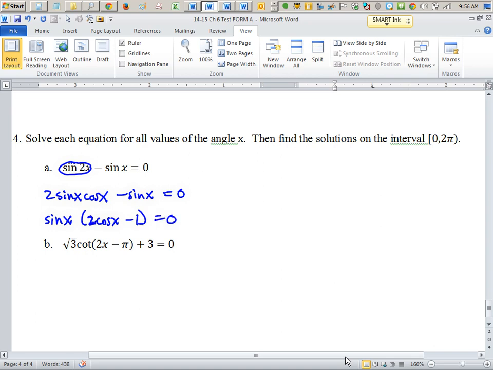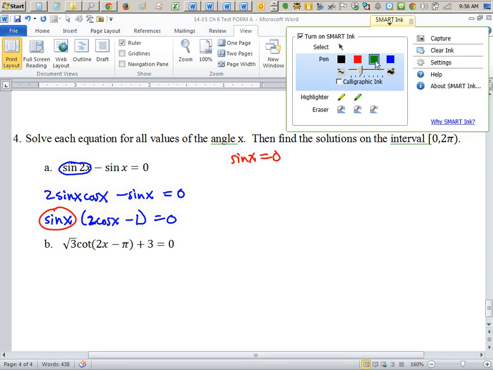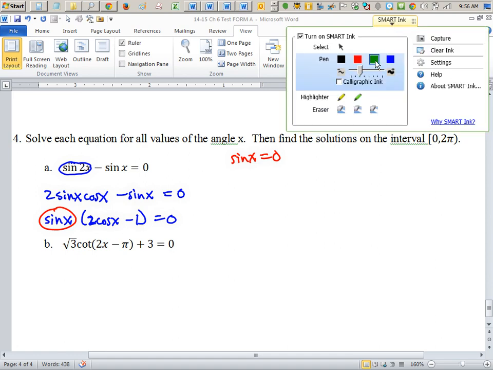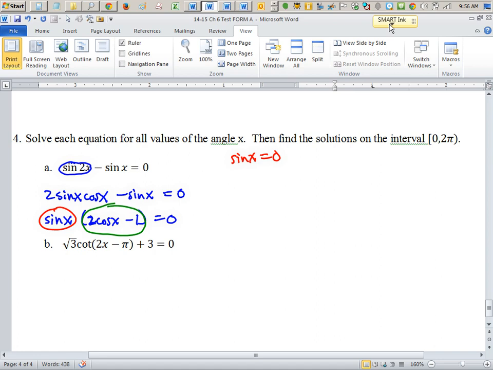And this means that sine x is 0, right? Or, if you look at this part, right here, 2 cosine x minus 1 equals 0. This gives you x equals 0, pi, 2 pi. In fact, x can be any multiple of pi.